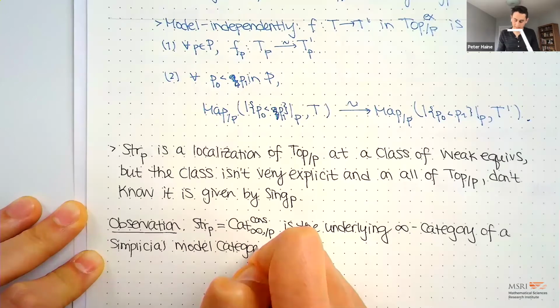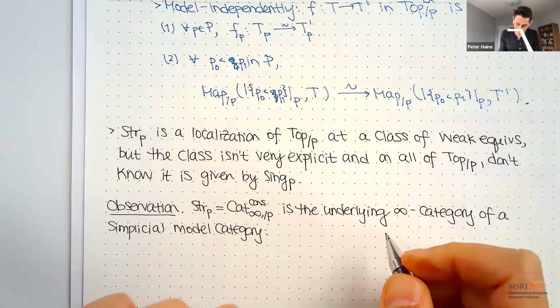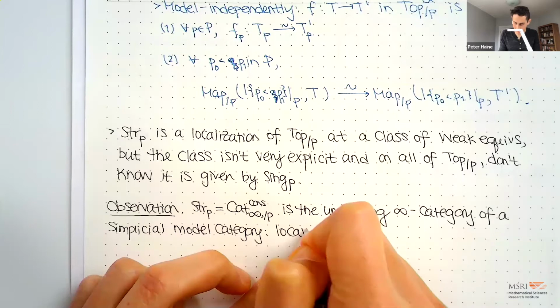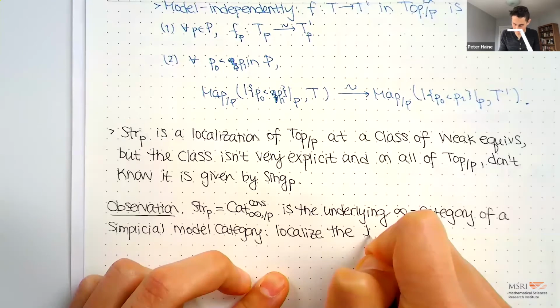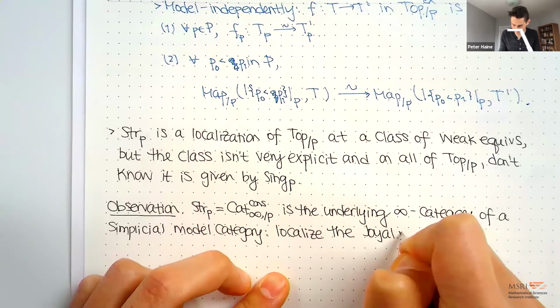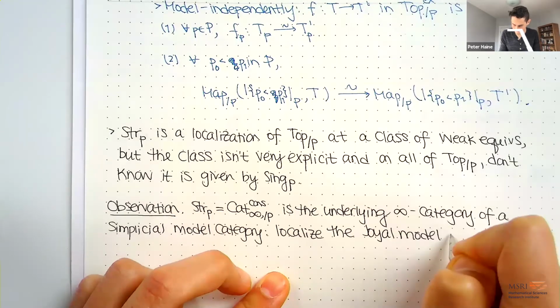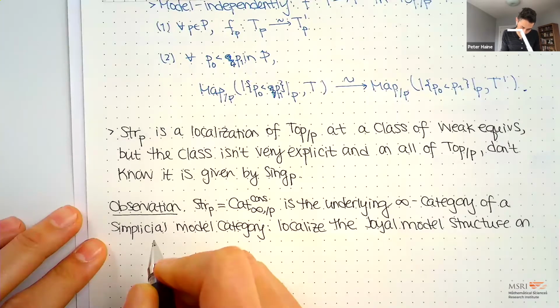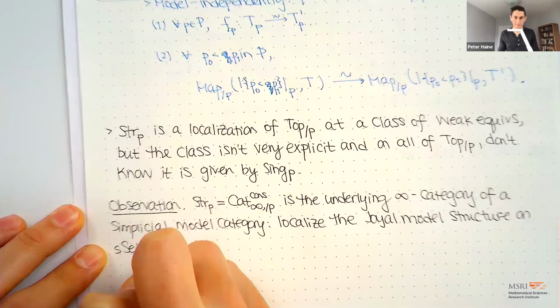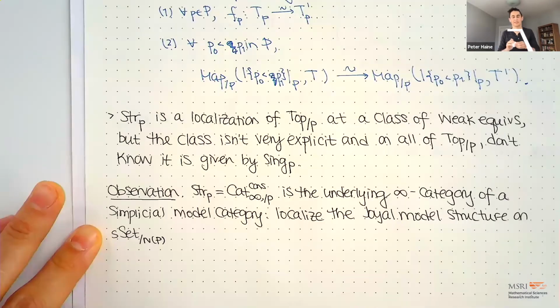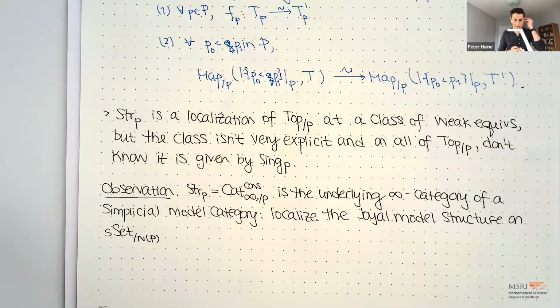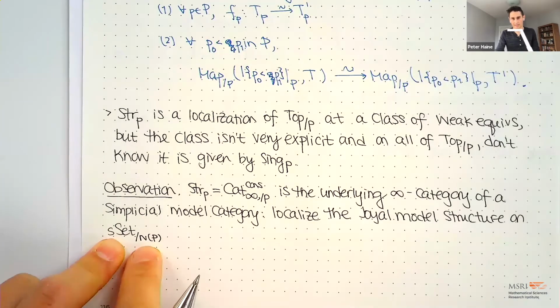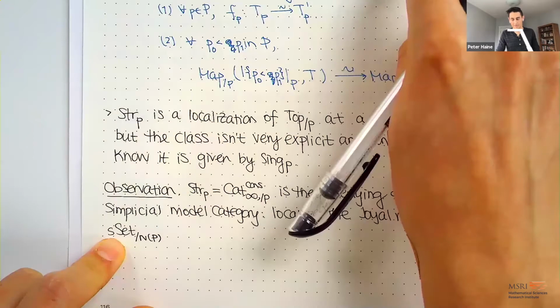And what you do is you localize the Joyal model structure. Whenever you take a slice category of a model category, you get an inherited model structure on the slice category. So you take the Joyal model structure on this slice category, and that presents you just infinity categories over the poset.